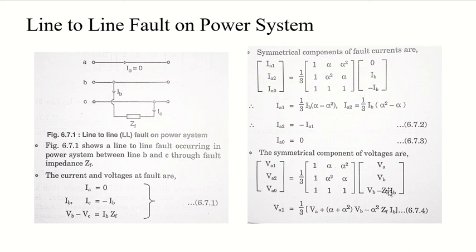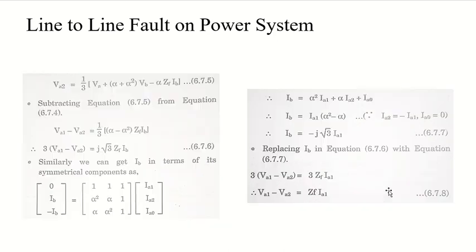So when we derive the formula for all three of them, you will find that for VA1 and VA2, you can take the subtraction of them. And when we take the subtraction of VA1 and VA2, what will you find? The answer will be 1 by 3 alpha minus alpha square ZF into IB.